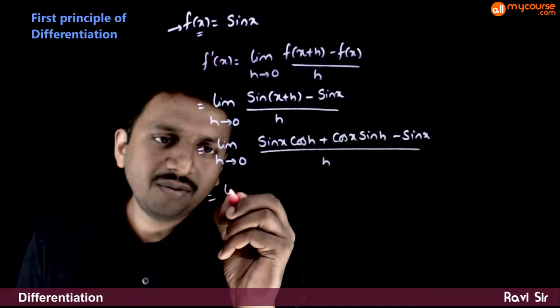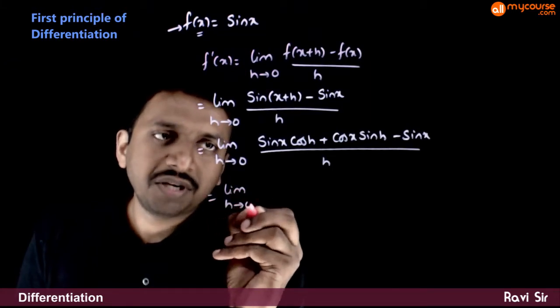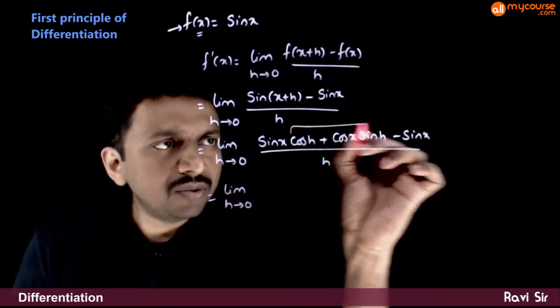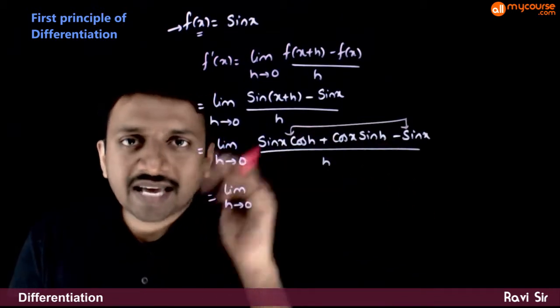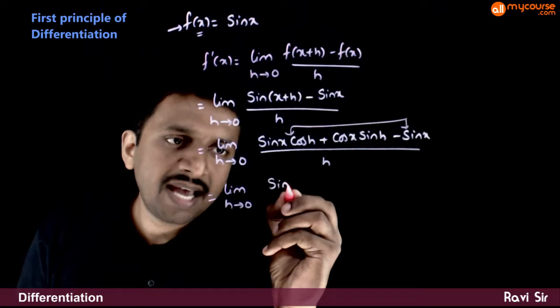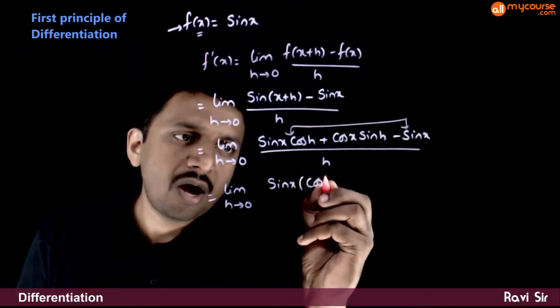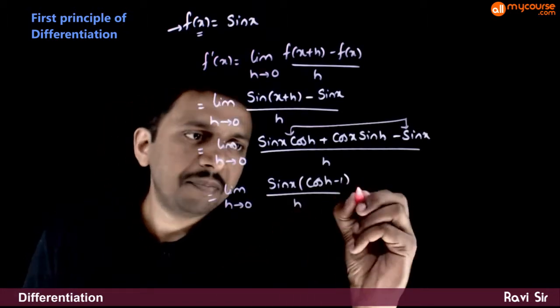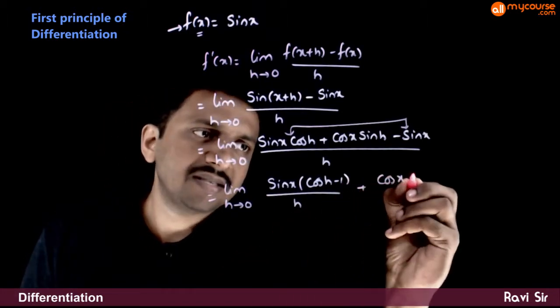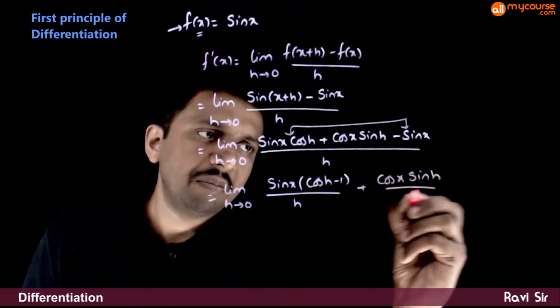So that is equal to limit h tends to 0. In these two terms you have sin x, so I'll take sin x as common. So sin x times (cos h minus 1) by h plus cos x sin h by h.